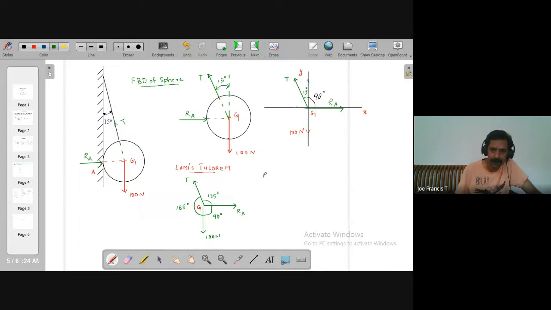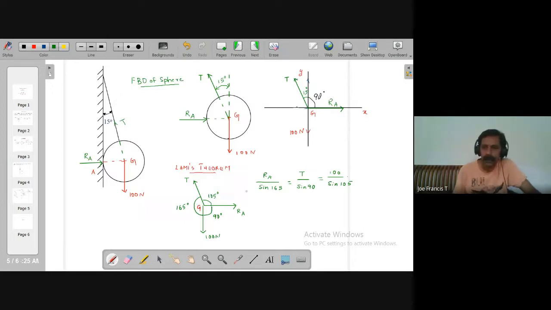RA by sine 165 should be equal to the next force, T by sine 90, which should be equal to 100 by sine 105. So this is Lami's theorem.